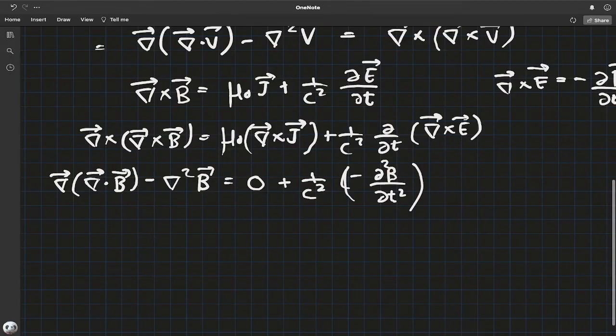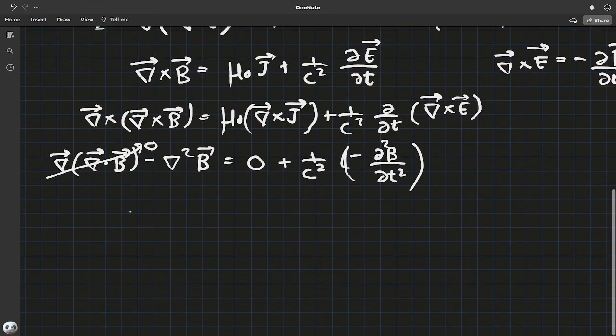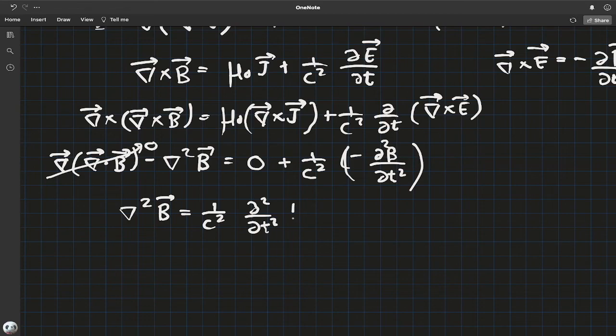The divergence of a magnetic field is 0 by Gauss's law. So this is 0. Drop the negatives on both sides. We have vector Laplacian of the magnetic field is nothing but 1 over c squared, second partial derivative with respect to time, of the magnetic field. And this is your wave equation.